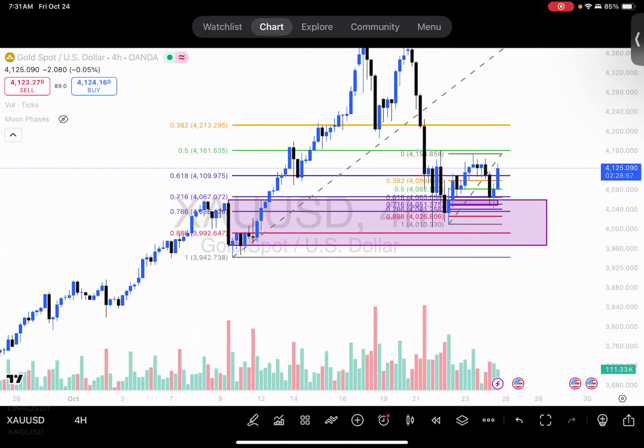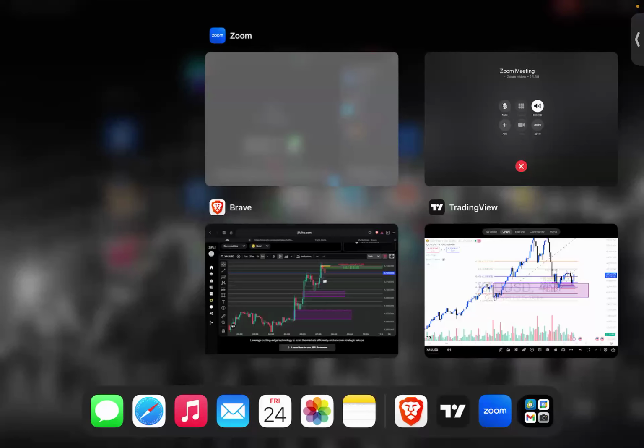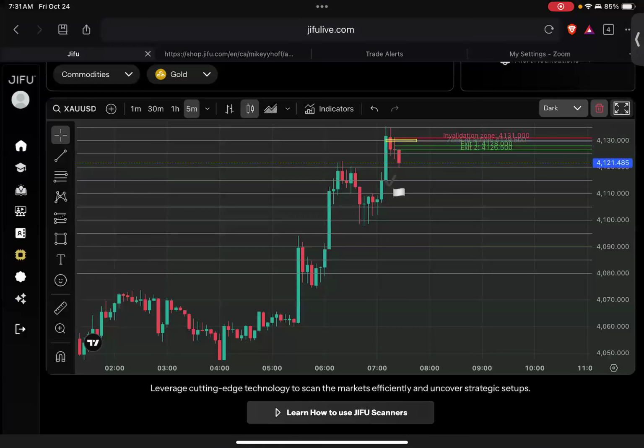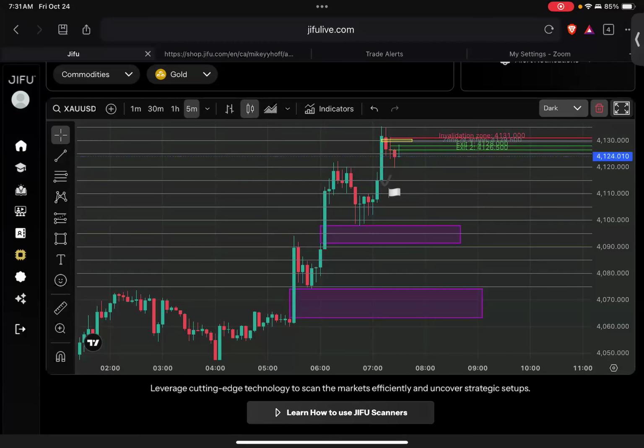In order for the banks and institutions to trade millions and millions of dollars in these markets, let's say they want to push the market higher for gold, right? And they put a $1 million lot size.